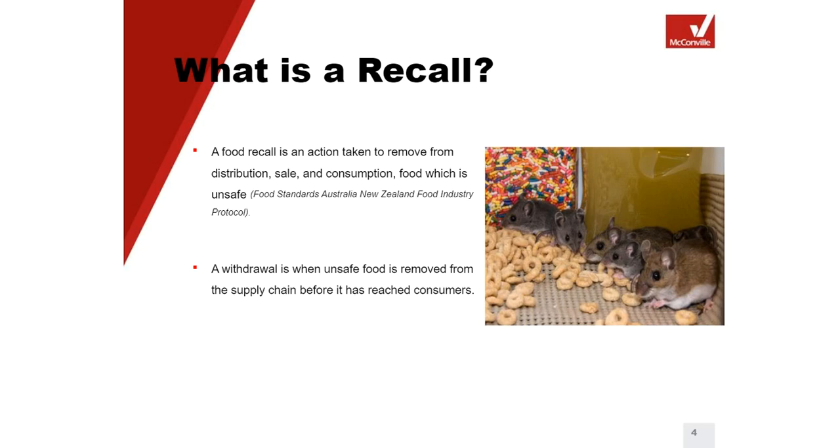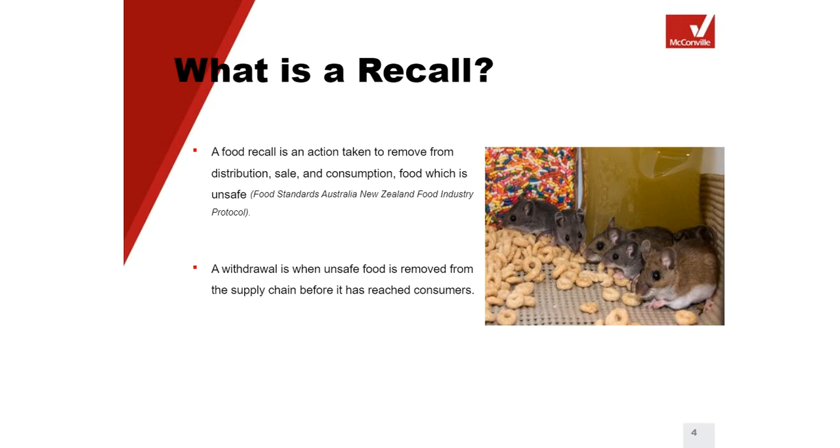Now, why that food is being recalled, again, the stats will say that approximately a third of food recalls are due to microbiological issues, a third result from incorrect labelling, and a third are due to physical or chemical contamination. And as much as 90% of labelling recalls are due to undeclared allergens.